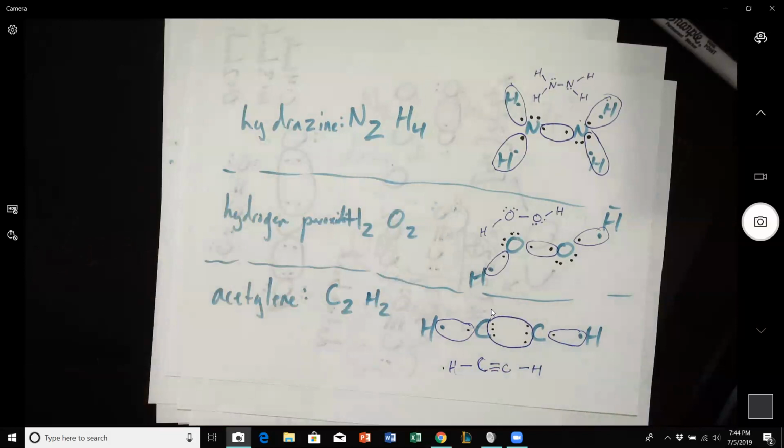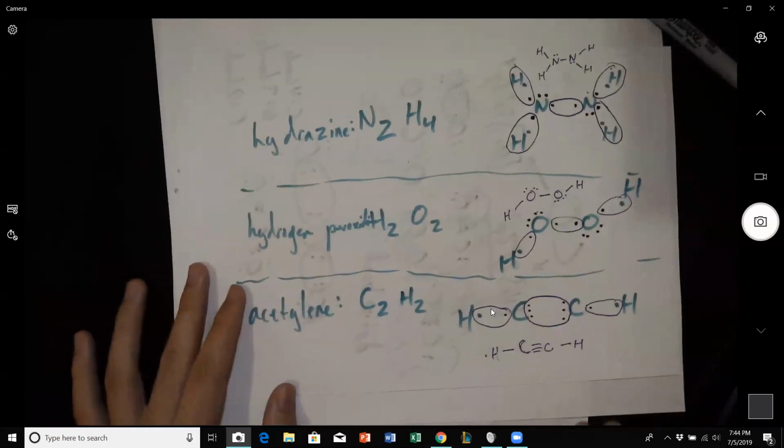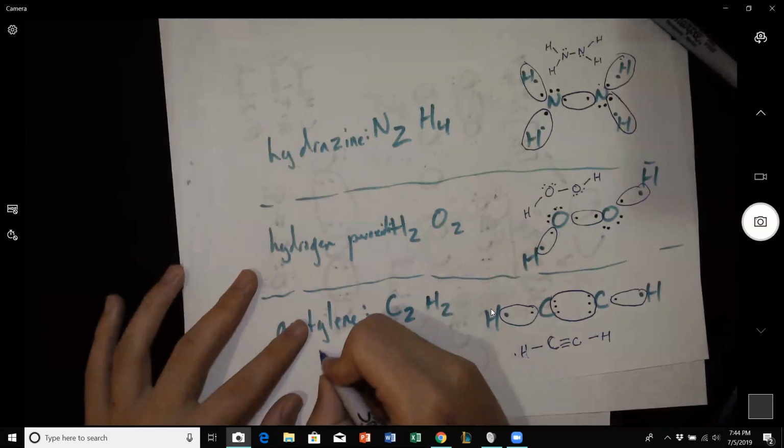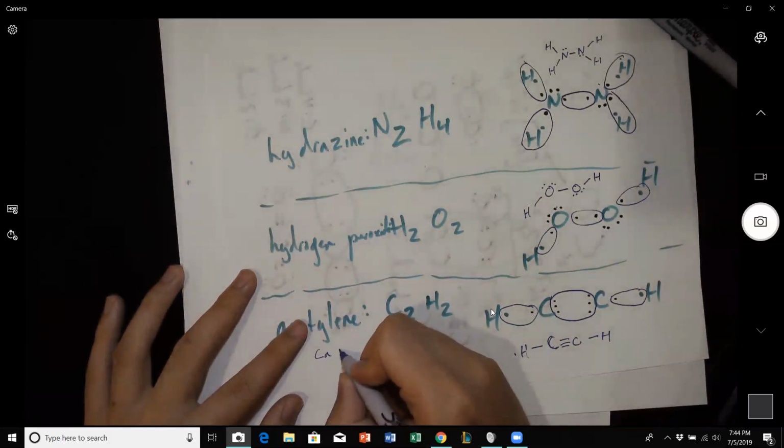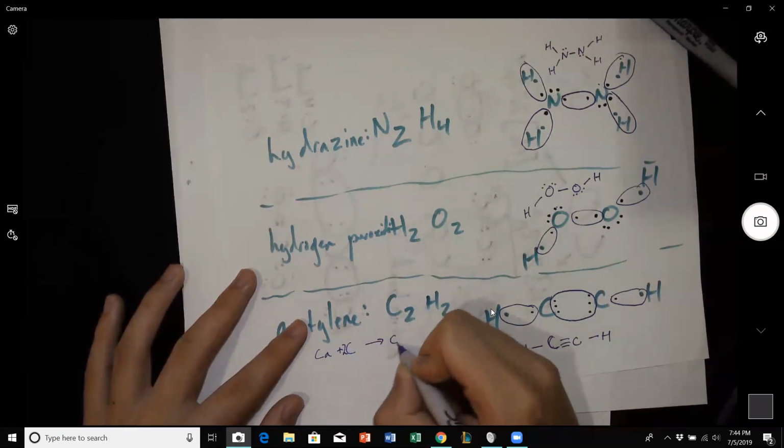Okay, so what is acetylene used for? Back before electric lighting, car headlamps used acetylene for power. And acetylene is kind of interesting from a chemistry standpoint because of how it's made. You react calcium and carbon to form calcium carbide.